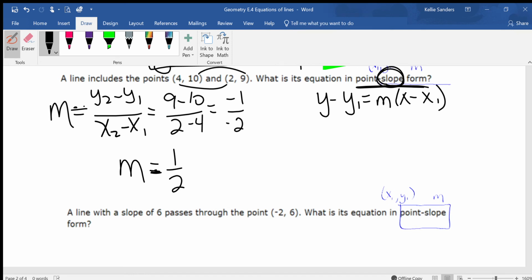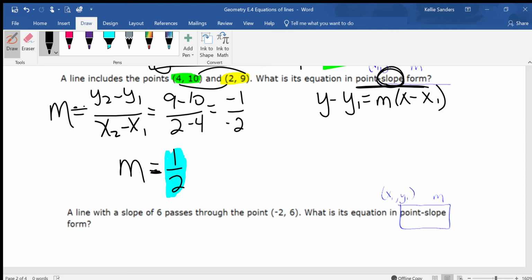This is great. Okay? All you have to do is either choose this point or this point. You cannot use the 4 from the green 4 and the yellow 9, okay? You either have to use the green 4 and the green 10 or the yellow 2 and the yellow 9. And remember, that's your slope no matter what.